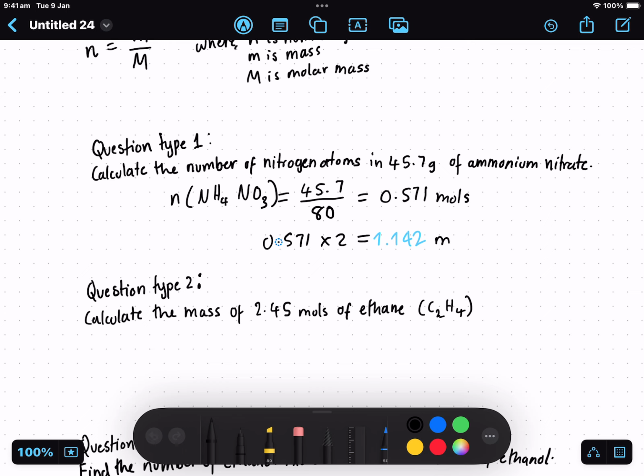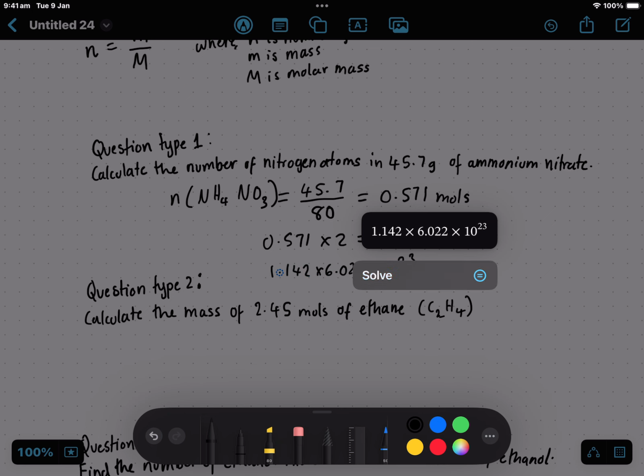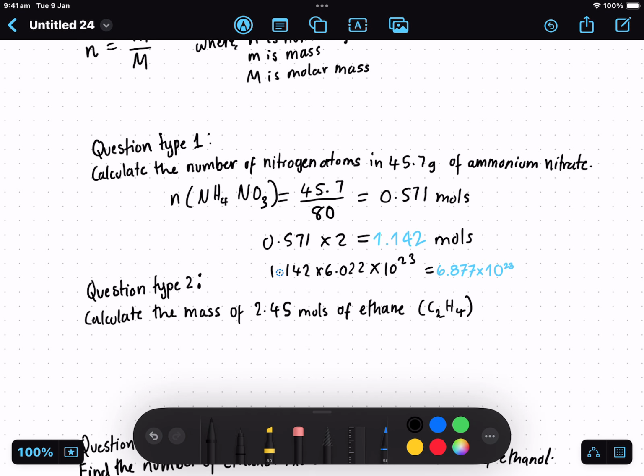So this is moles, but we need to find the amount of nitrogen atoms. So what we do is 1.142 times 6.022 times 10 to the power 23. So we should get 6.88 times 10 to the power 23 nitrogen atoms. And that is your answer.